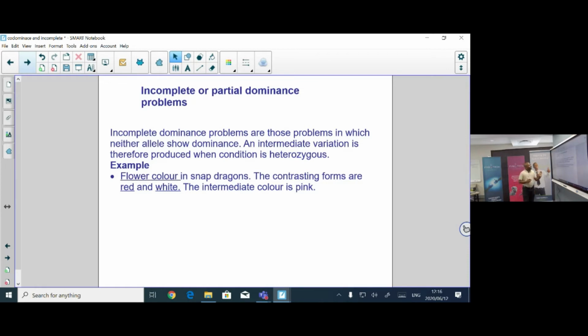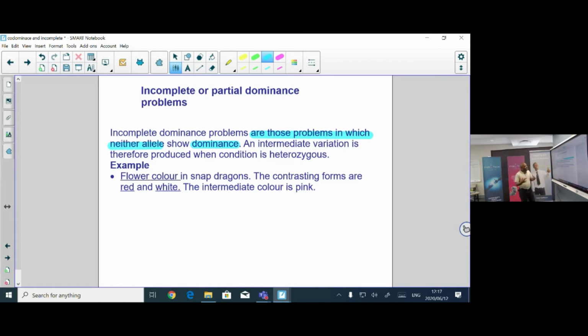Incomplete or partial dominance, neither allele shows dominance. Don't confuse it with codominance. In this one, neither is dominant. However, they meet in between.